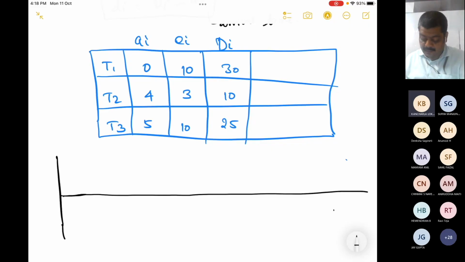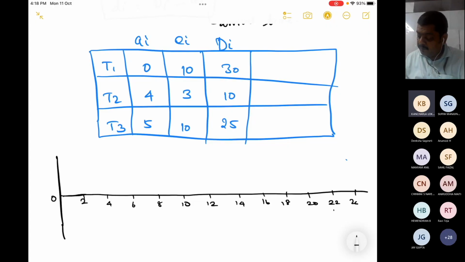For the sake of the example I just take it from 0 to 4, 6, 8, 10, 12, 14, 16, 18, 20, 22, 24, like that. There is no limit on that; I can draw as many as possible. But only in RM scheduling, since it is static priority, we do all the design before the system starts. That's why we use the LCM of all three values.